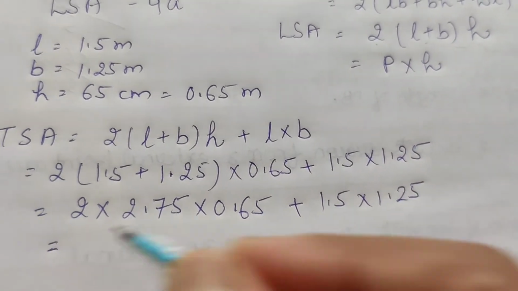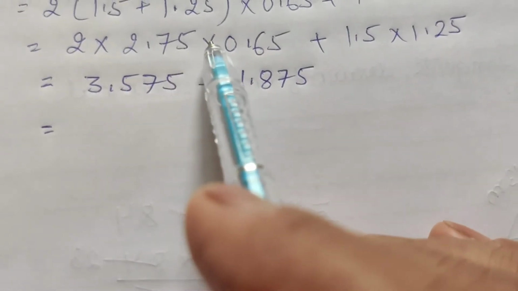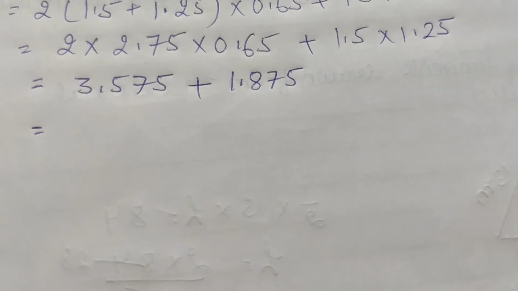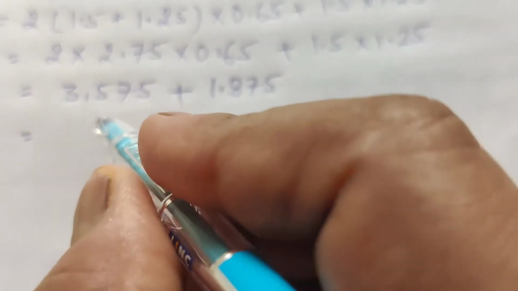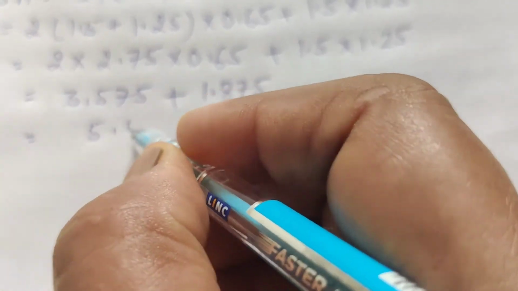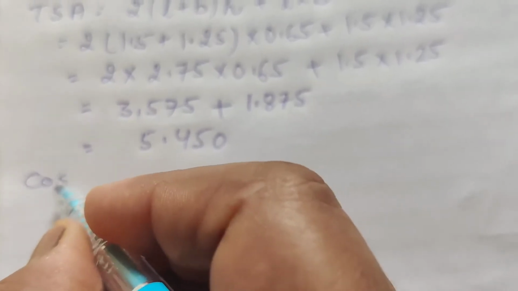Now solve. 2 into 2.75 into 0.65 is this, and 1.5 into 1.25. Now adding this we get 5.450.